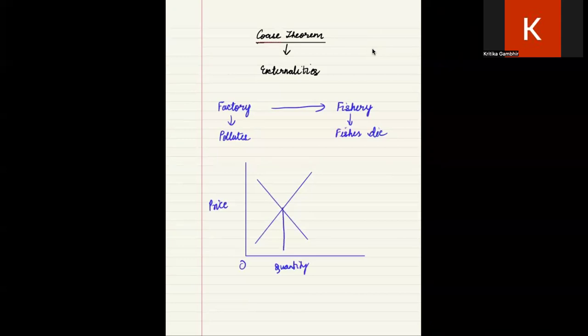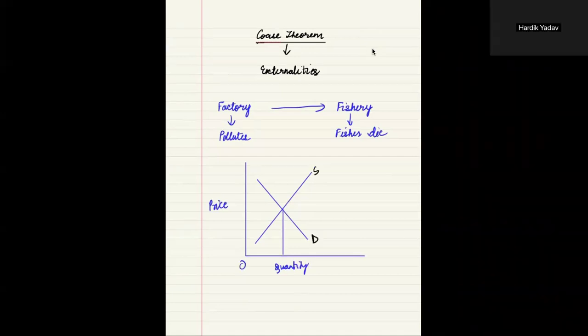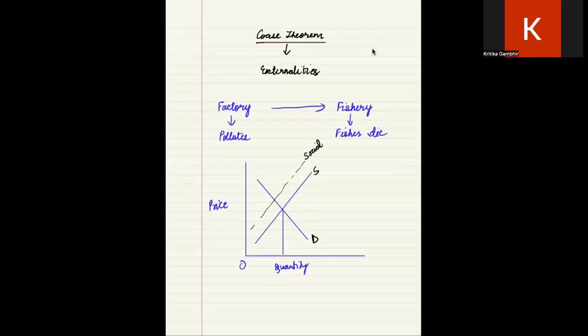Usually it produces at this point by market equilibrium. But if there is an externality, this is the supply curve, also the cost curve of the factory. Now, if it also includes the cost to the fishery, the new cost, or the social cost, would be given by this. So this would be the social cost, right?